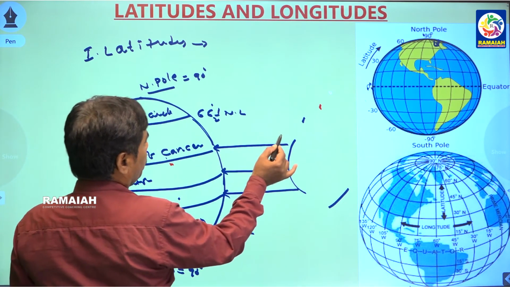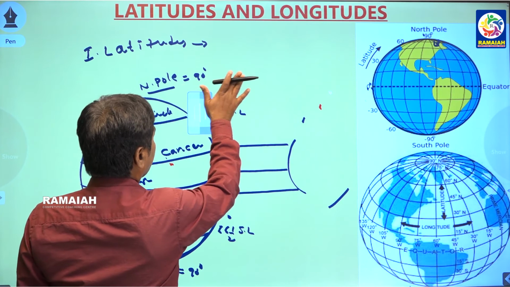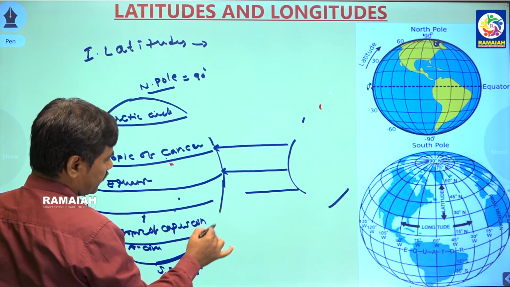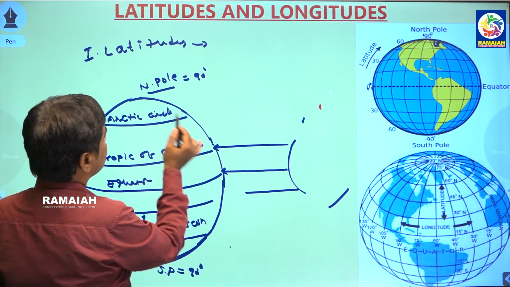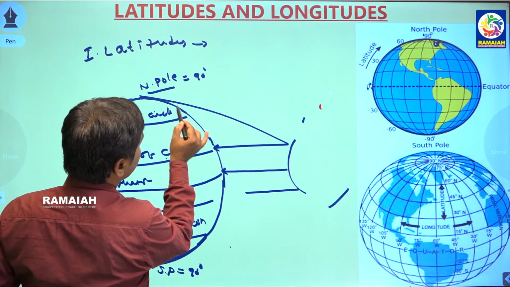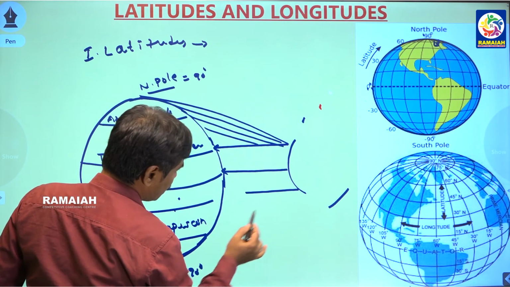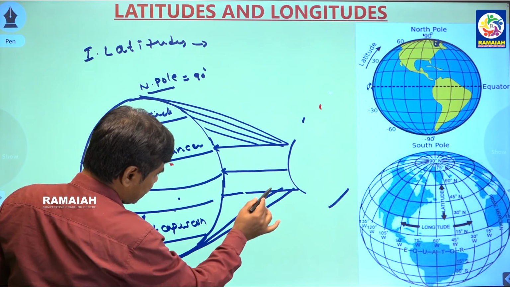Compared to this, the area above Cancer and below Capricorn is receiving slanting rays like this.